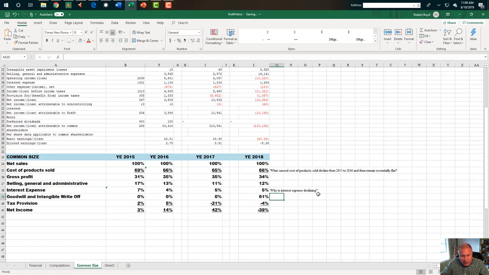Okay, obviously 61% is huge. Why is this write-off? What is this write-off? Why did they do it? And again, the tax provision seems to be all over the place. So we need to do that.